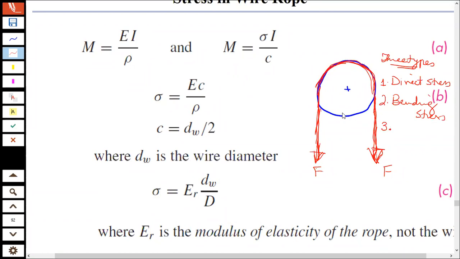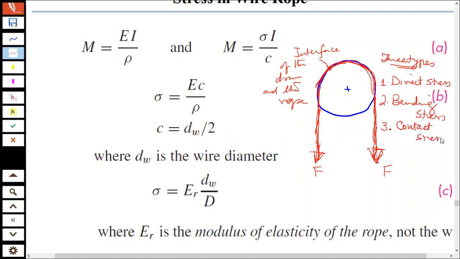Number three, there is going to be a stress between the interface of the drum and the rope. So there is going to be contact stresses.